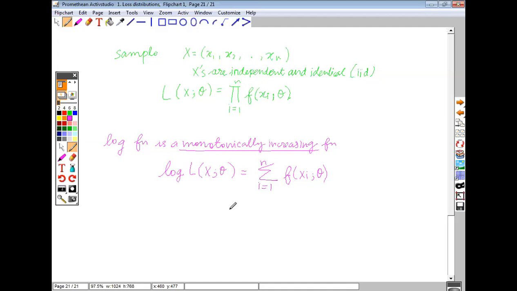I think it will. I think it won't. Why do you think so? Because the summation is because of the product. We are taking the log of the product, so that will remain a summation only, right? Yeah, exactly, that is correct.